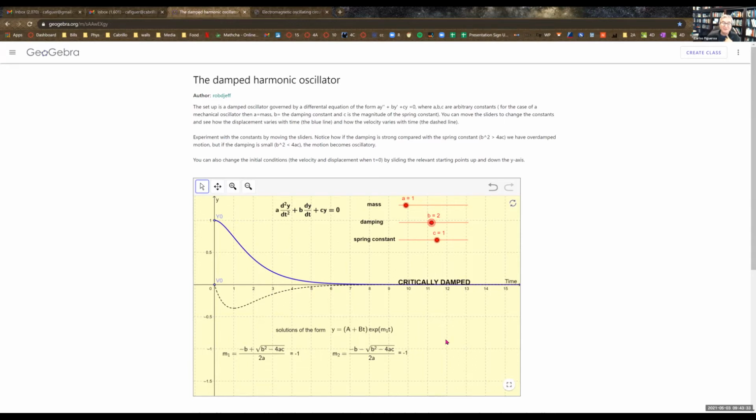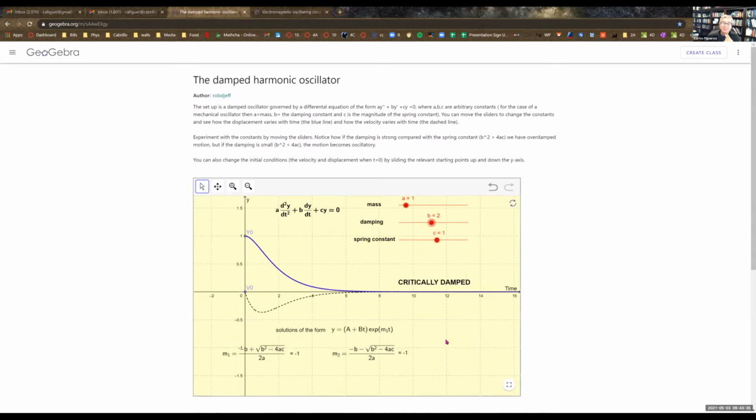Oh yeah, there you go. It's critically damped. And you could see here, look at the solutions. The solutions are exactly the same. So then I know how to calculate this thing. And of course, if they're the same solution, you have to have a linear combination of solutions. So then you get that thing right there. So what I'm doing here is copying this thing and then just pasting it into the OneNote here.